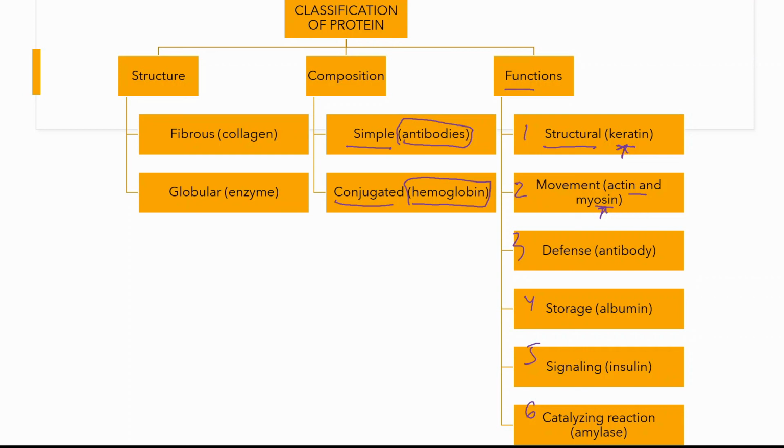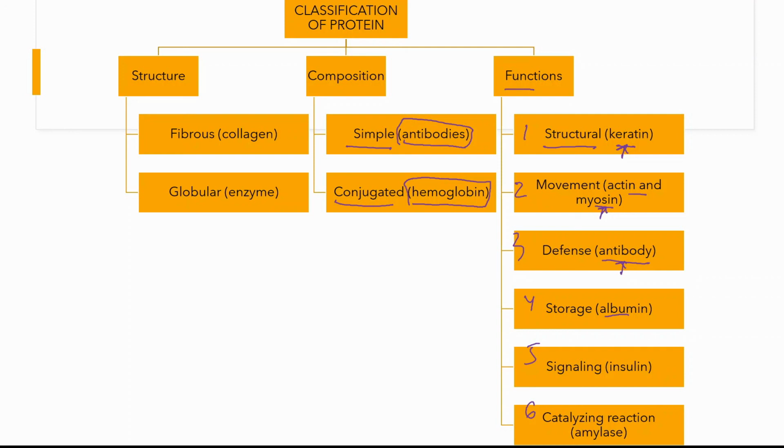For defense, we are familiar with antibodies. Next one is protein that is used as storage, like albumin that can be found in egg white. Signaling protein is another example, that is insulin.